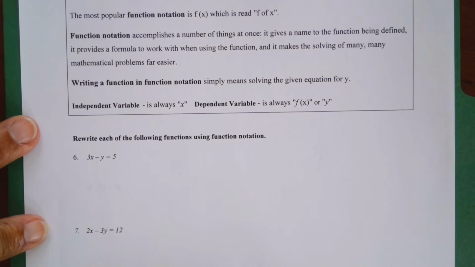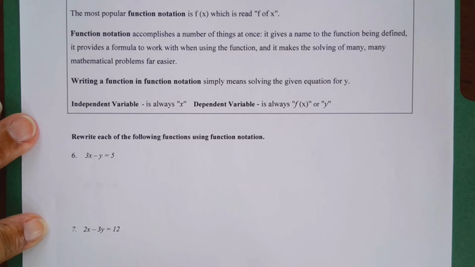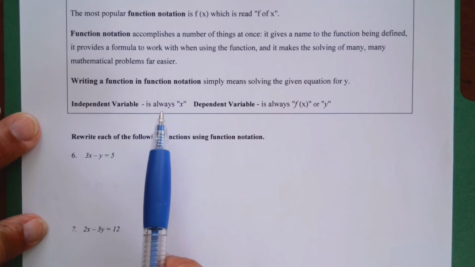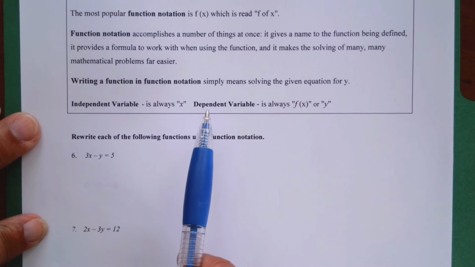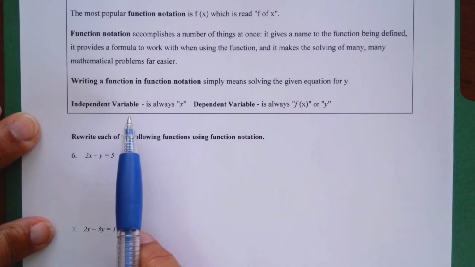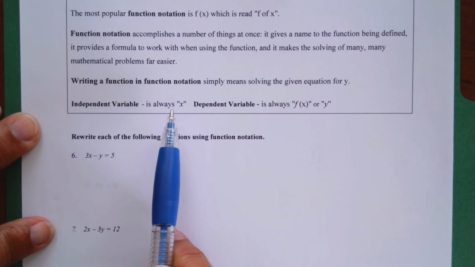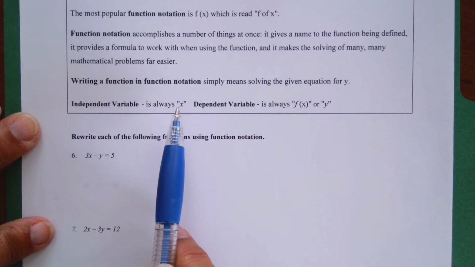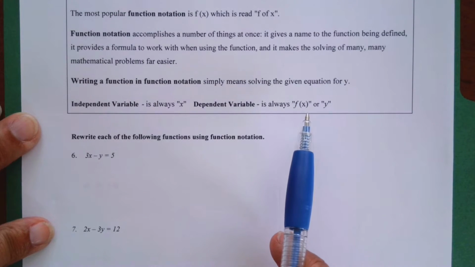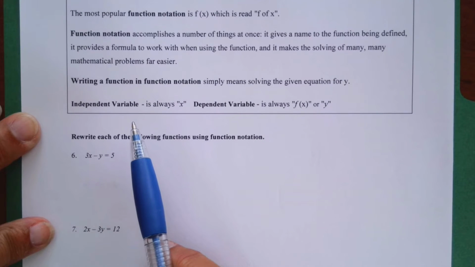So let's look at number 6. It says rewrite each of the following functions using function notation. And by the way, as we go through these sections, you'll sometimes hear things about the independent or dependent variable. So always remember in math that the independent variable is always x. In other words, that could be anything you want. And then the dependent variable y is based on whatever x is.